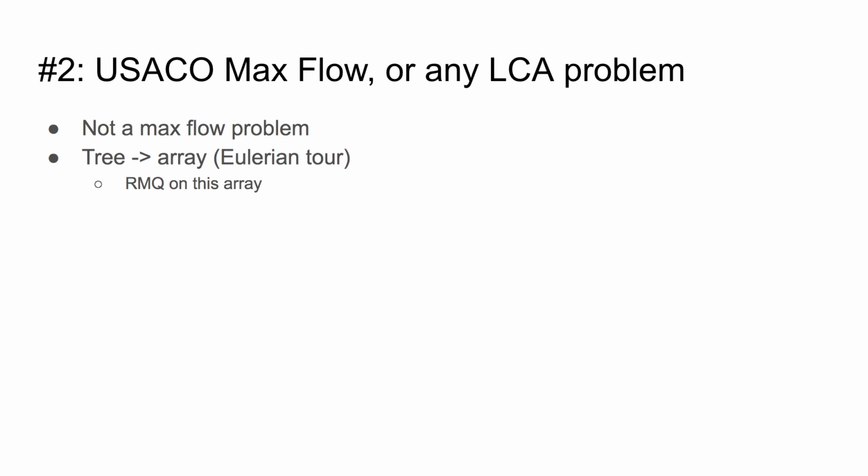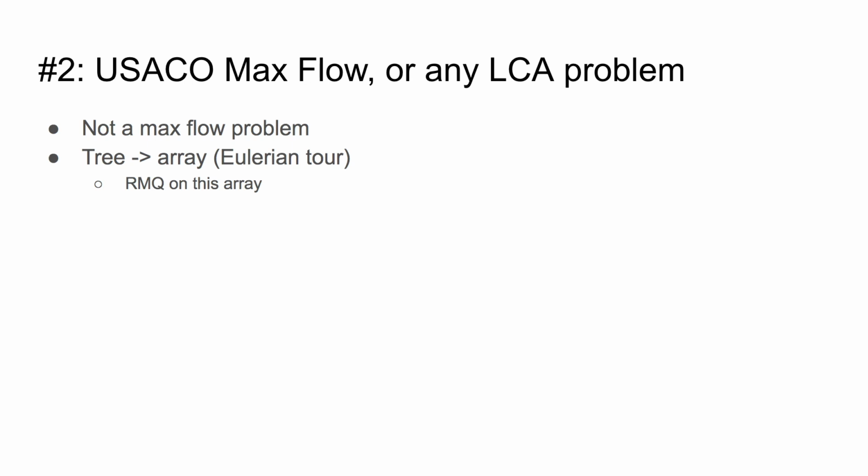But basically, if you do this traversal, you get a resulting list, and in that list, if you have 2 nodes, the LCA must be between those 2 nodes, because when you're generating the list, you visit the LCA between them. And the LCA is obviously the lowest node in the middle between them.